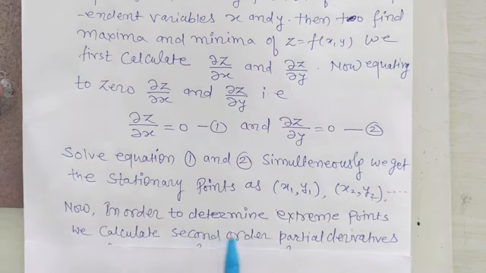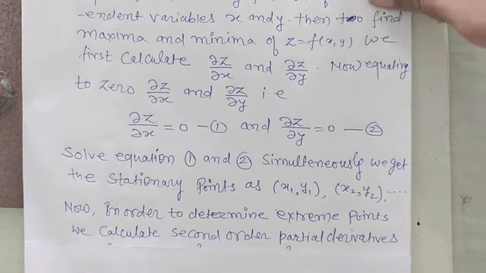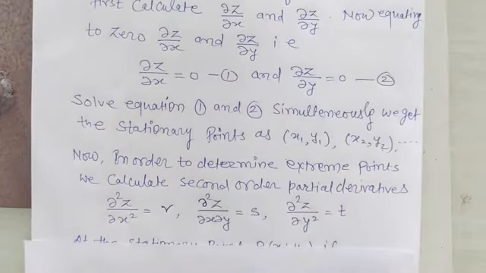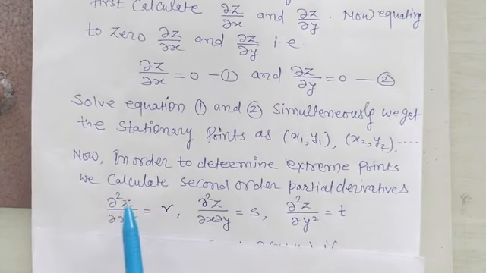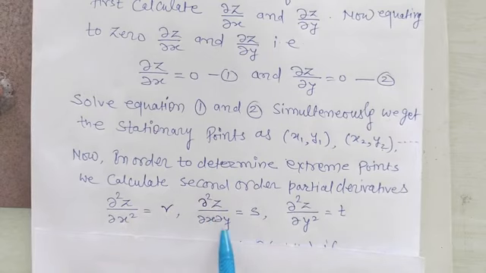We calculate del2z/del x2, the second order partial derivative of z with respect to x, which we denote by r; del2z/del x del y, the second order partial derivative with respect to x and y, which we denote by s; and del2z/del y2, the second order partial derivative with respect to y, which we denote by t. So we calculate r, s and t.